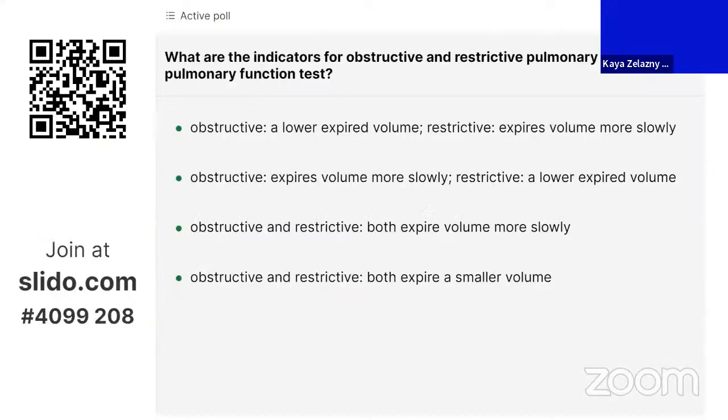All right. So from this, we just really want to know those main indicators for these two types of diseases. We want to know the main causes. So for those pulmonary function tests we just went through, what would we be looking at if we're trying to tell these apart?